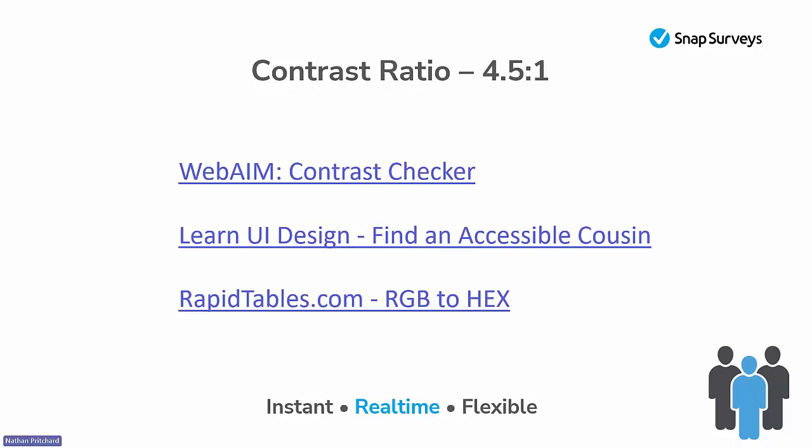And there's lots of websites out there which you can use to check various elements of accessibility. A couple which I used for contrast include WebAIM and Learn UI Design. So WebAIM will let you type in 2 colors and confirm accessibility levels, whereas Learn UI Design will take your chosen colors and give you a close alternative if it isn't accessible.